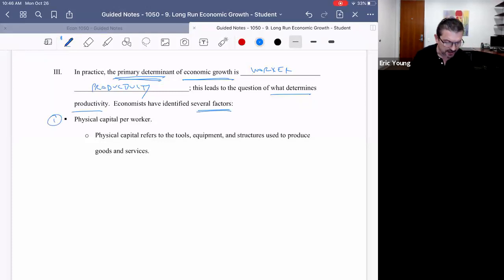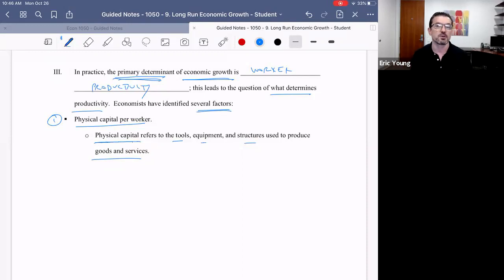Well, the first factor we would say is physical capital per worker. If you remember the factors of production, land, labor, and capital, we know that physical capital, also called just capital, also called the capital stock, refers to all of the tools, all the equipment, all the structures that are used to produce goods and services.